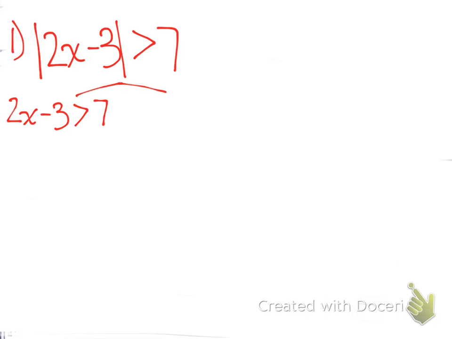For the other inequality, we keep what was in the bars the same, so it's still 2x minus 3. We flip the inequality symbol around, change the 7 to its opposite, negative 7, and put the word or in between. That's what it means by changing it into an or compound inequality.